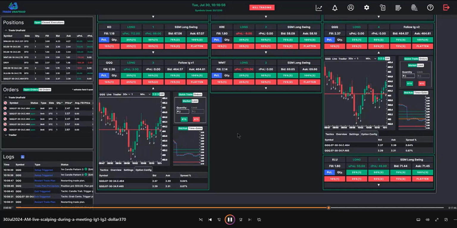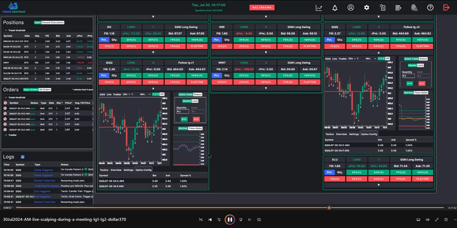The whole goal is small losses and outsized gains, and that's what these trade plans are designed to do. So we actually did hit a target in both of these. Now the question is, how well does the trade plan protect us after that first target is hit?